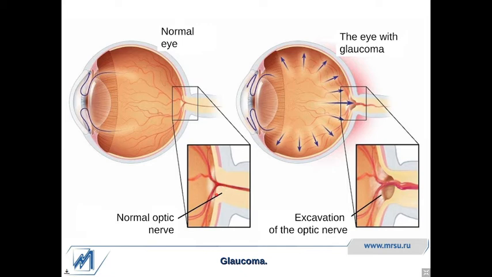It's a very thin part of the membranes of the eye, and here the ocular pressure presses the optic nerve, and the excavation of the optic nerve becomes deeper and wider. Due to this excavation, to this pressure, optic nerve atrophy comes to the eye with glaucoma.